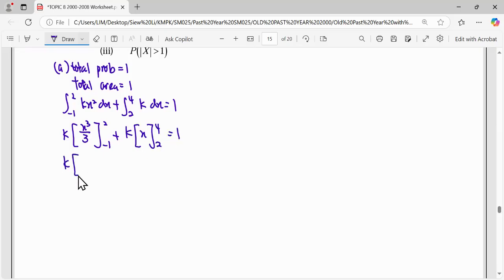Then what we need to do is substitute: upper limit will be 8 over 3 minus -1 over 3, plus 4 minus 2. So it will be 5k equals 1. So k will be equal to 1 over 5.